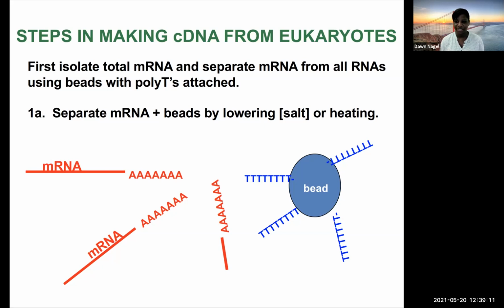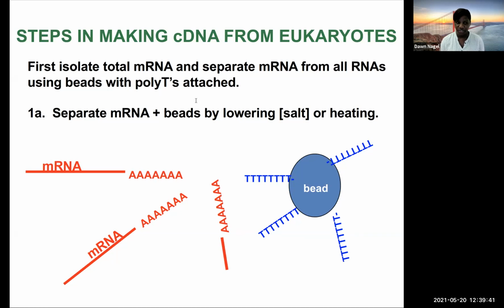We're also going to be isolating ribosomal RNA, and all these other types of RNAs. So we need to isolate the messenger RNA. We know that messenger RNA contains a polyadenylation, a string of A's at the end, so it's polyadenylated. So we need to isolate that pool of RNA, which is messenger RNA.